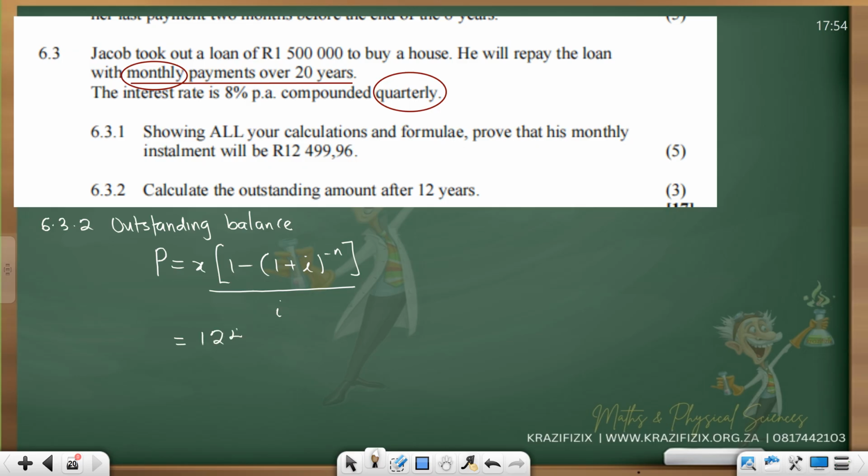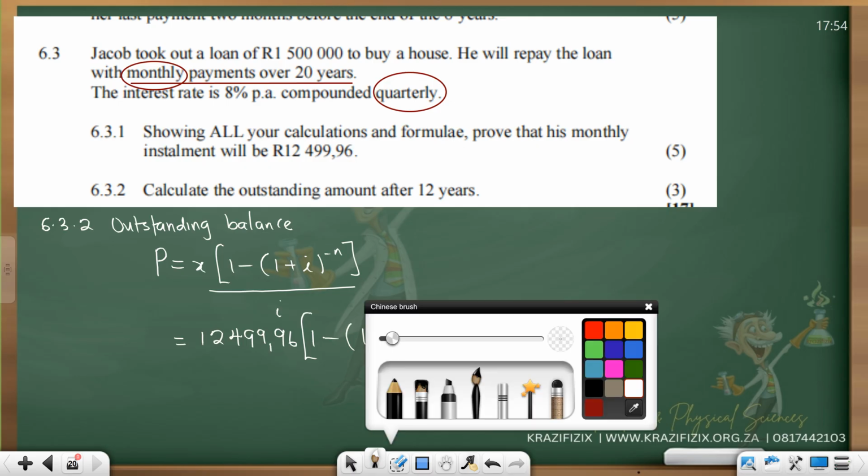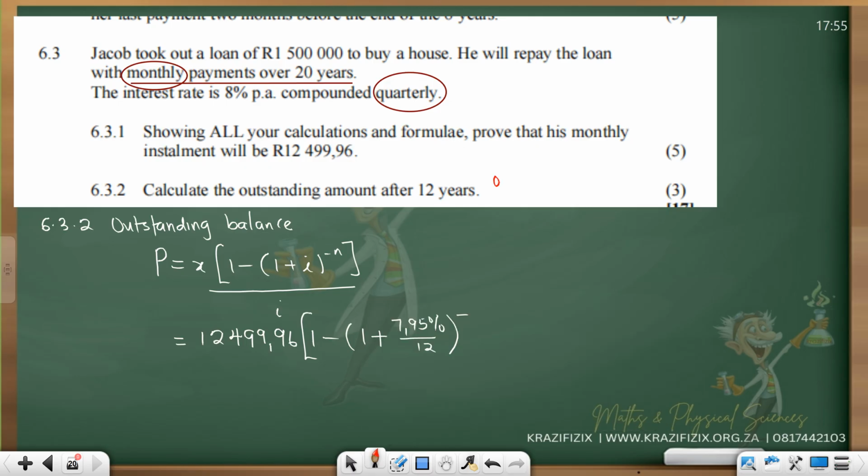All right, 12,499,96. 1 minus 1 plus interest, 7.95. That's the only interest. Now, they said after 12 years, the entire thing is for 20 years, so we have an outstanding of 8 years.